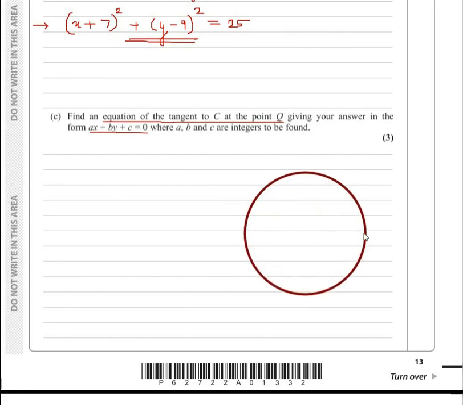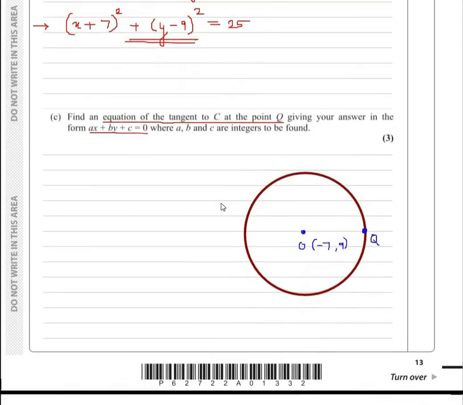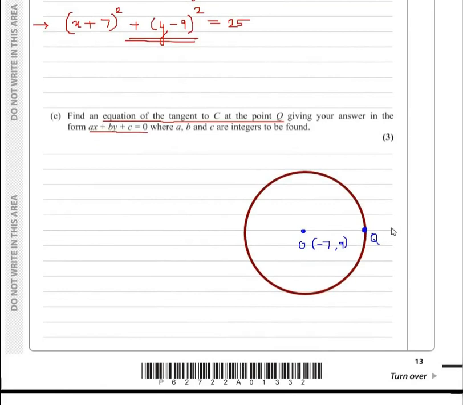Here I'll be taking only the center O and the point Q. The center coordinates are (−7, 9), and the coordinates of Q were (−3, 12).